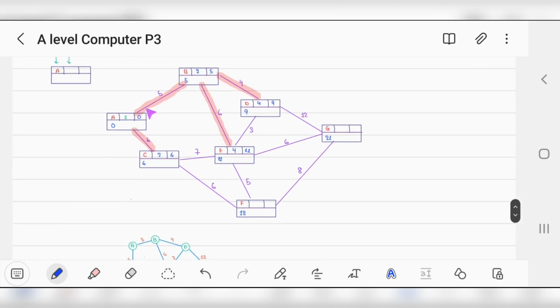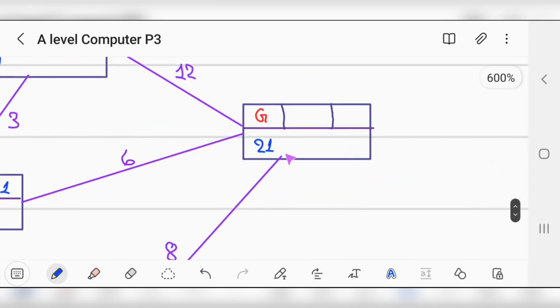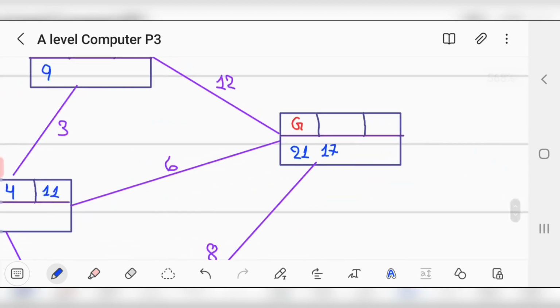Now going again. 6 plus 6 is 12. 5 plus 6 is 11. 11 plus 5 is 16. Then if I go from here, it would be 21. If I go from 11 plus 6, it would be 17. Which means I got the shortest updated path.